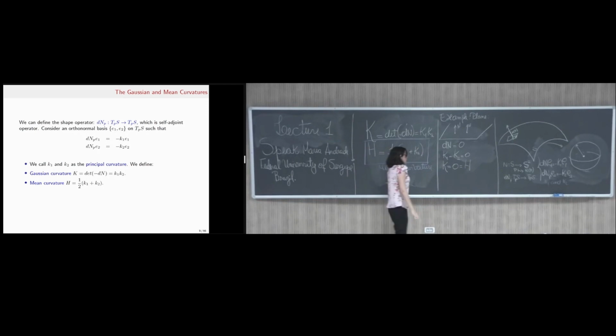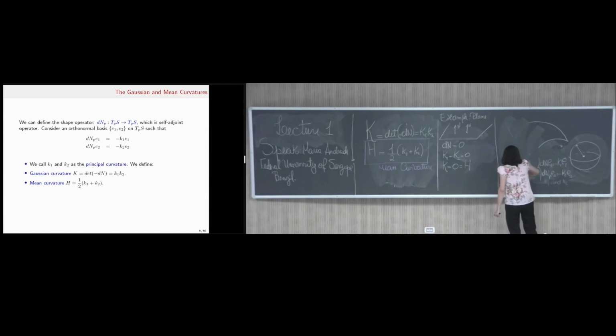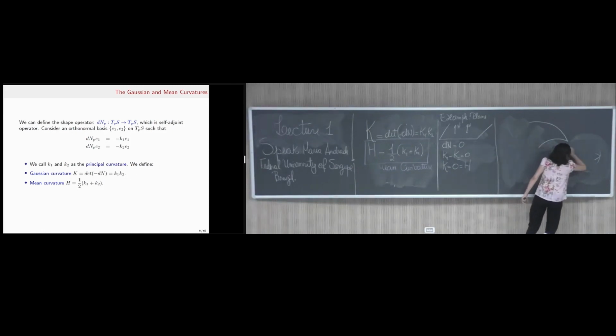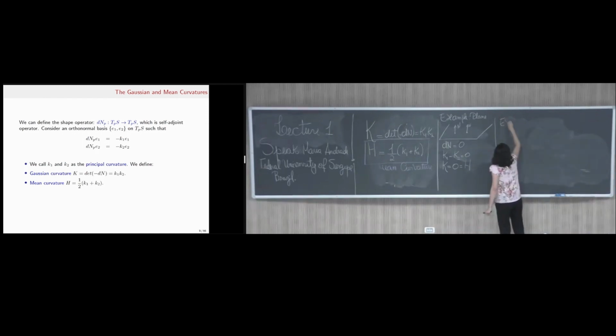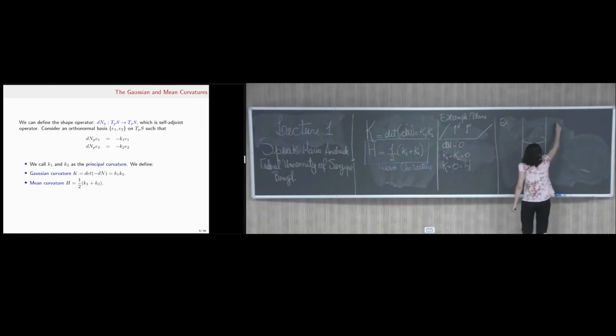Okay? Another example, remember, one minute. If you consider the cylinder, you can see here kappa 1 is equal to 0, because this line has curvature equal to 0, and the other curvature is given by the curvature of the circle.